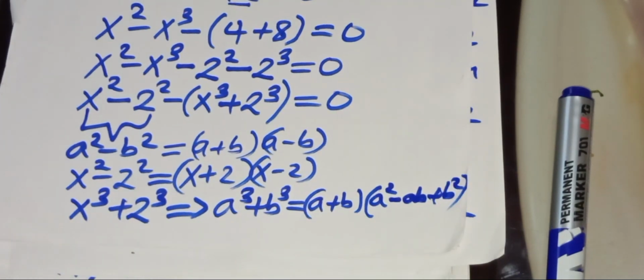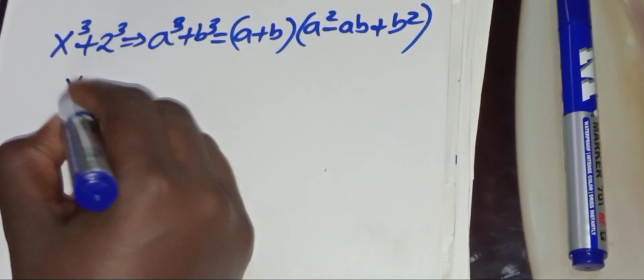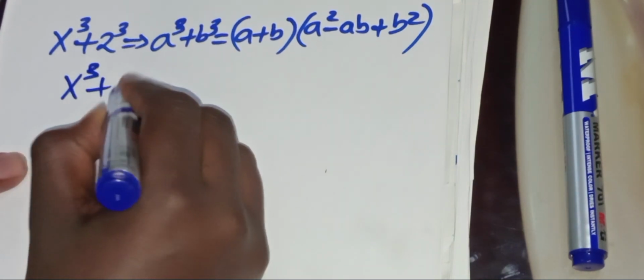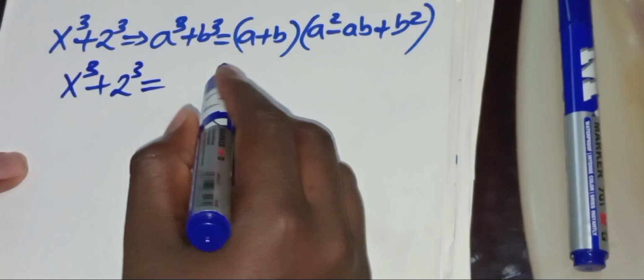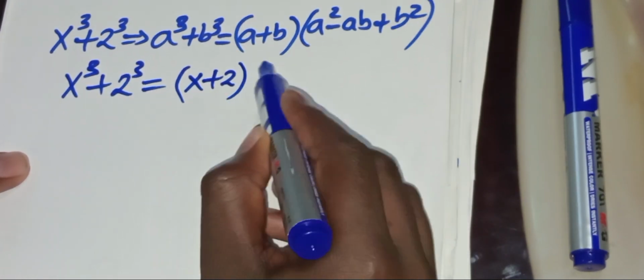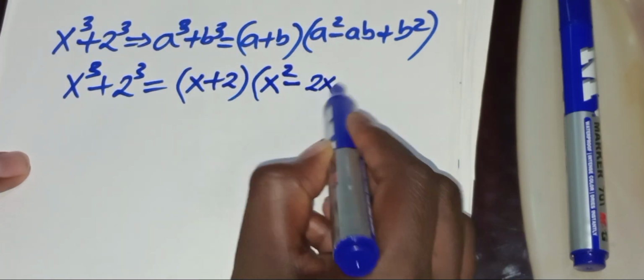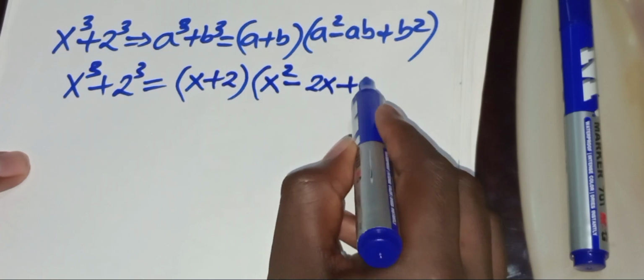Now that means x to power 3 plus 2 to power 3 can be expressed as x plus 2, x squared subtract 2x plus 4.